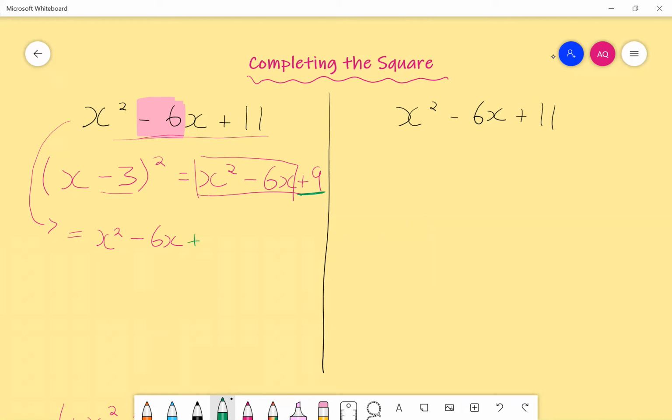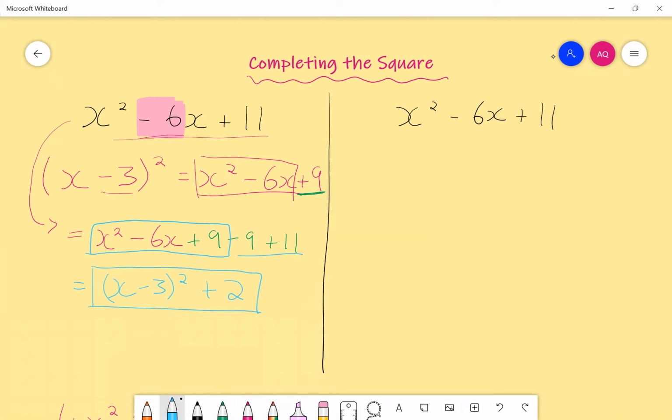So what we're going to do is put in a plus 9, and to counteract or balance that off, we're going to put in a minus 9, and then we're going to keep our plus 11. So what this will do then is give us three terms at the start, which we know are then equal to x minus 3 squared, and then we can just put the two terms at the end together to give us plus 2, and this is our completed square.